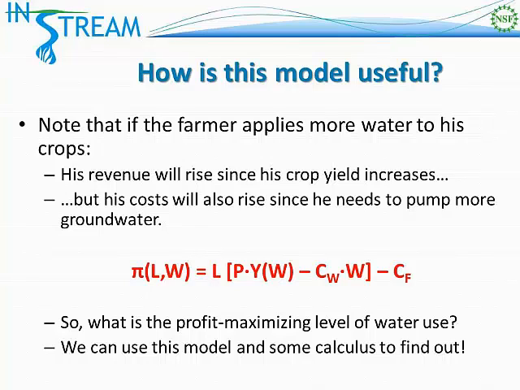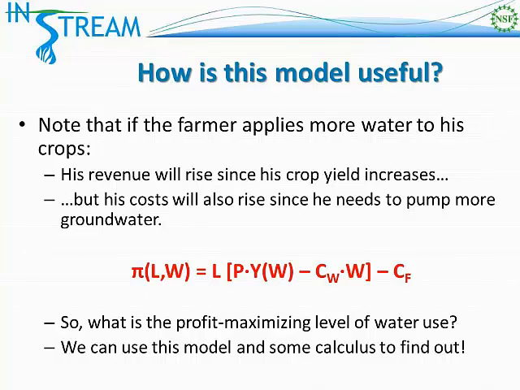Water appears here because if the farmer applies more water, he will get a higher yield for his crop and therefore obtain a higher revenue. However, because it is costly for the farmer to pump groundwater, every unit of water that is applied to the crop is also going to add costs to the farmer.